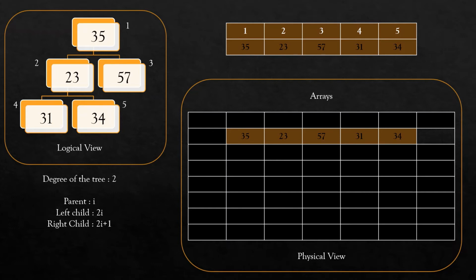Similarly, if we know the index of the child, we can always find the index at which the parent is found. For example, if the child is at location 5, the parent will be at the location floor of 5 by 2, which is given by floor of 2.5, which is 2. That is, if the child is at I, the parent is found at the location floor of I by 2.